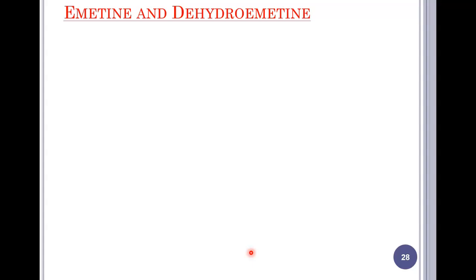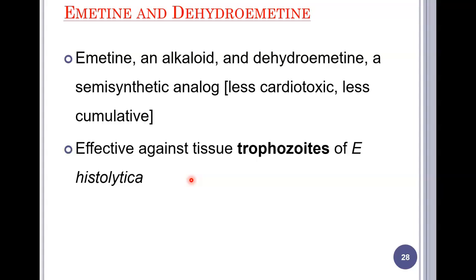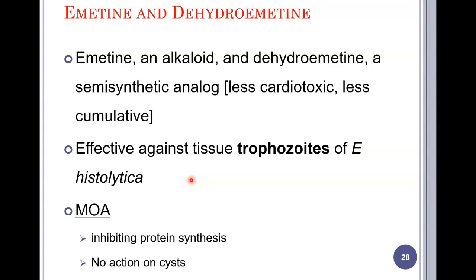Coming to the alkaloids, emetine and dehydroemetine. Emetine will cause emesis and it is cardiotoxic and cumulative, whereas dehydroemetine is less cardiotoxic and less cumulative. These alkaloids are effective against the tissue trophozoites of Entamoeba histolytica. Mechanism of action is by inhibiting protein synthesis.